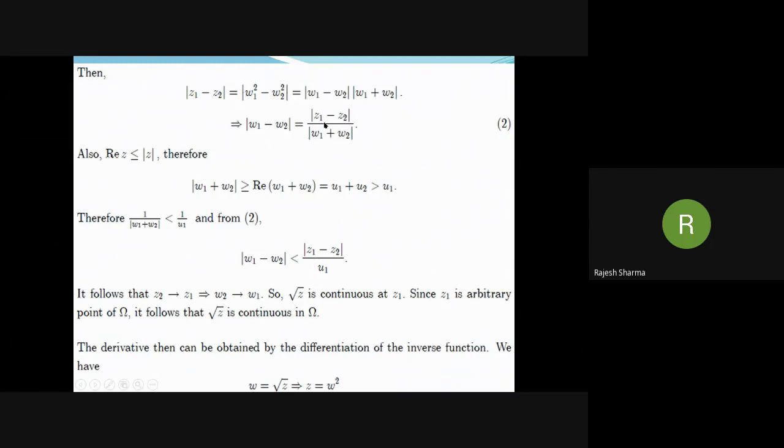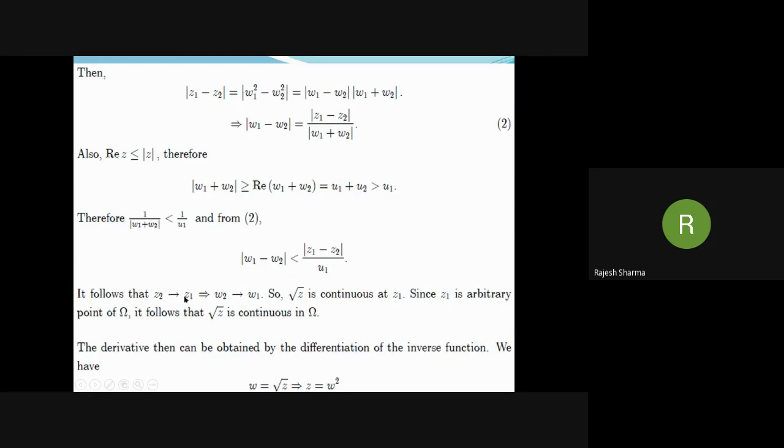And from this, mod w1 minus w2 is equal to mod z1 minus z2 over mod w1 plus w2. Now real part of z is less than or equal to mod z. We have this inequality, and on using this inequality we have mod w1 plus w2 is greater than or equal to real part of w1 plus w2, which is equal to u1 plus u2, which is strictly greater than u1. So we have 1 over mod w1 plus w2 is less than 1 over u1, and therefore from 2 we have mod w1 minus w2 less than mod z1 minus z2 over u1.